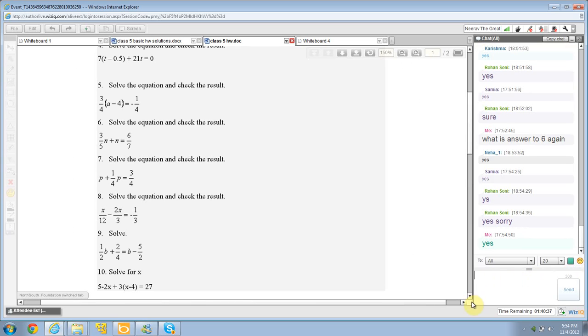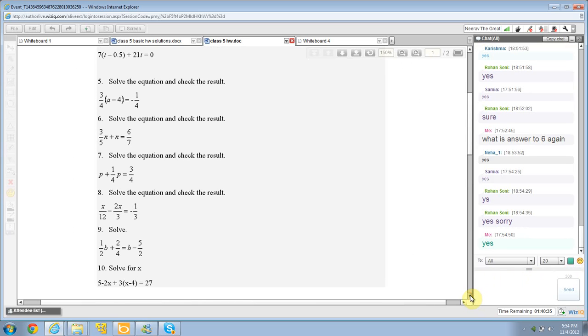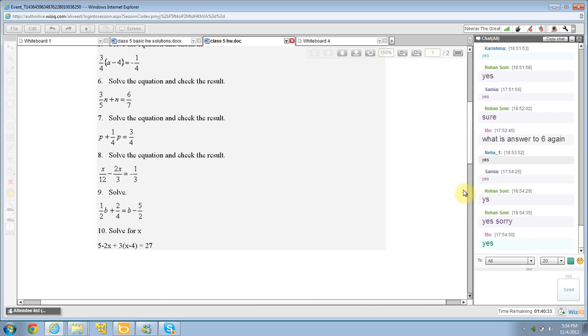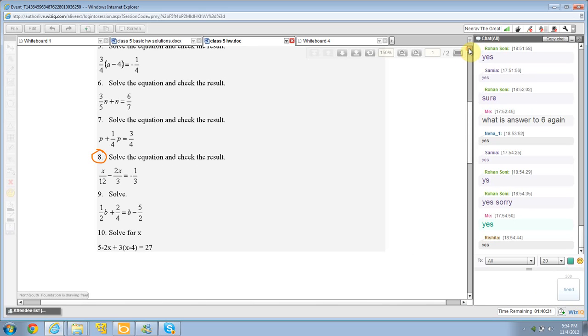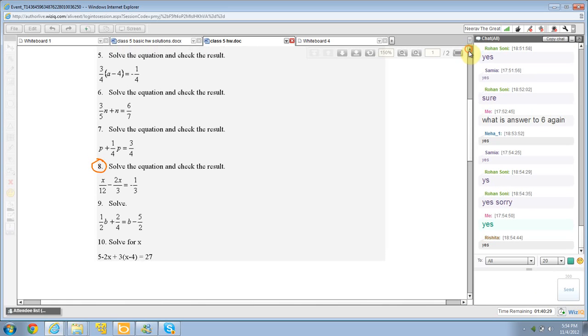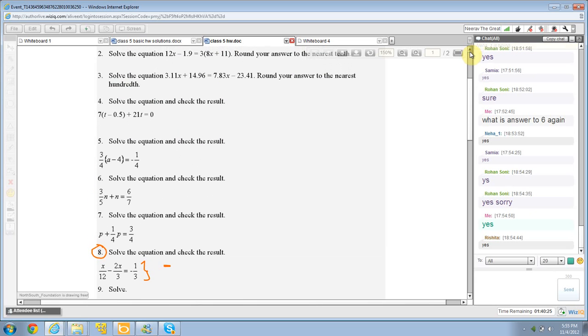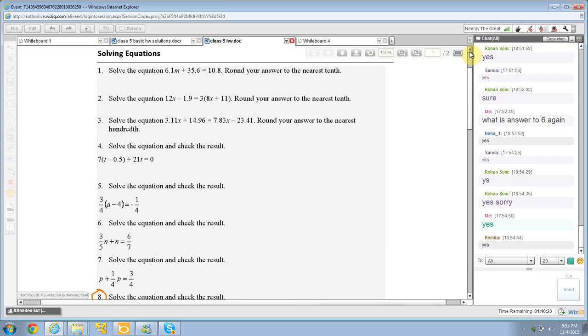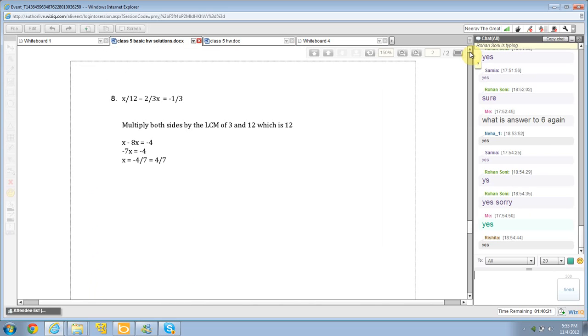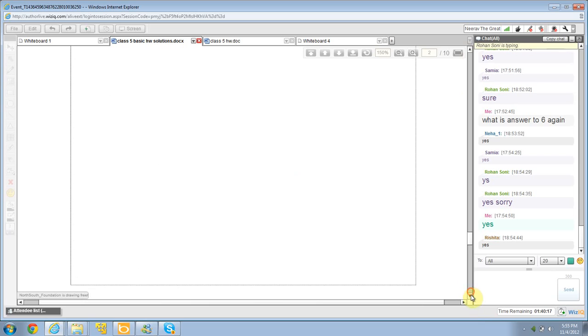Okay, number 8. Here's the equation. x/12 minus 2x/3 equals negative 1/3. I don't know if you guys can see that, but this number is a negative 1/3. The negative and the fraction mark are a little close. That's one thing when you guys are writing the problems, I would avoid writing the negative sign right next to the fraction.